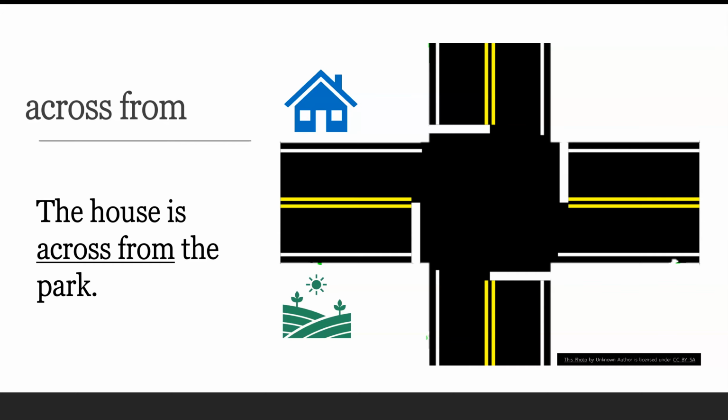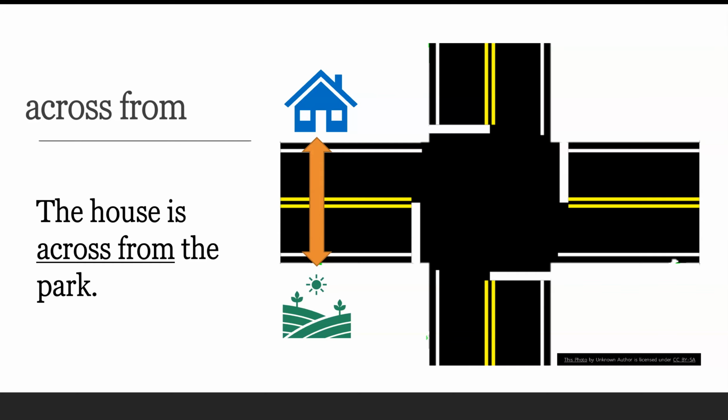Okay, across from. The house is across from the park. Okay, so here we have the house in blue and the park is crossing the street. This means there's something in the middle.